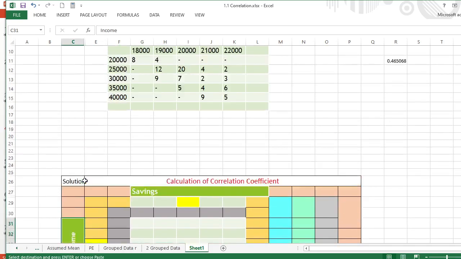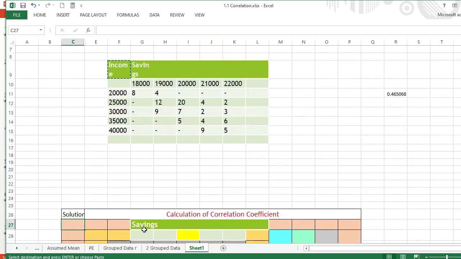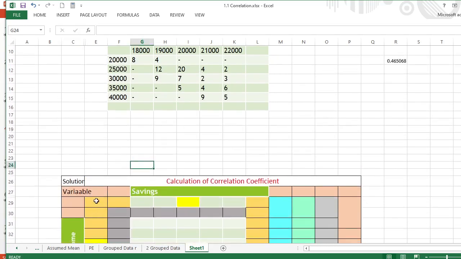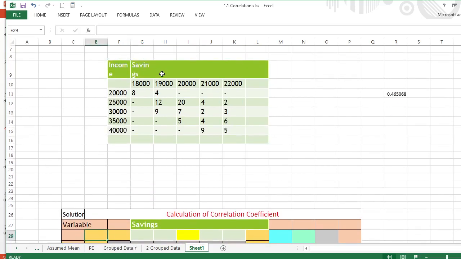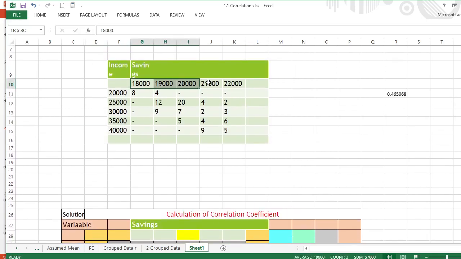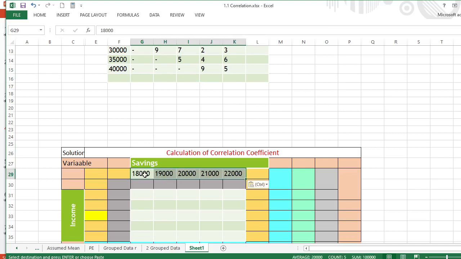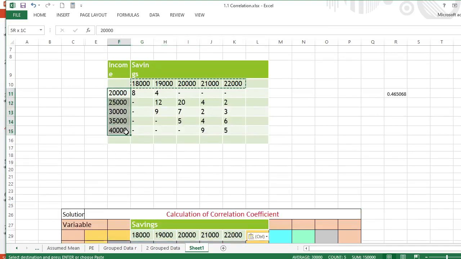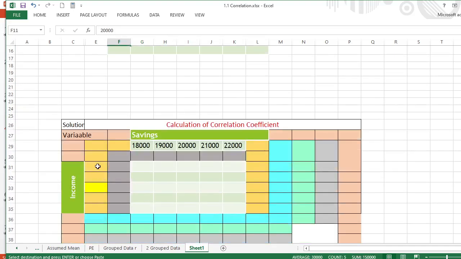After deciding the variables, the second thing is to copy the class intervals if they are given. They are not given class intervals, direct information is given, so I will copy the values here. So the X series values I have copied, and here the Y series values I have copied.